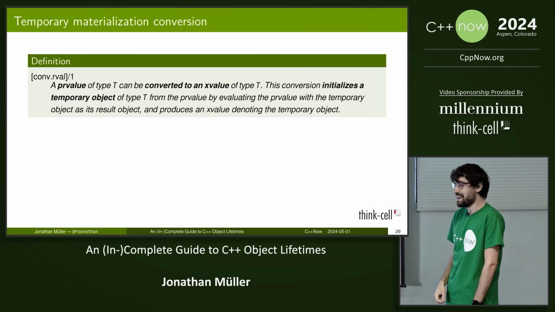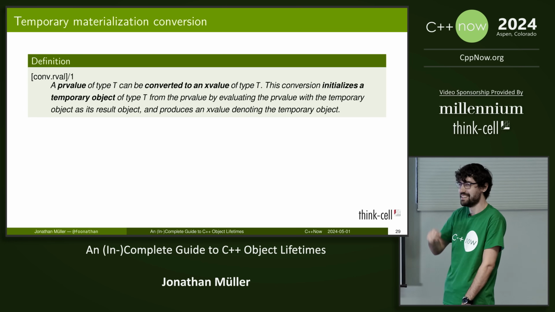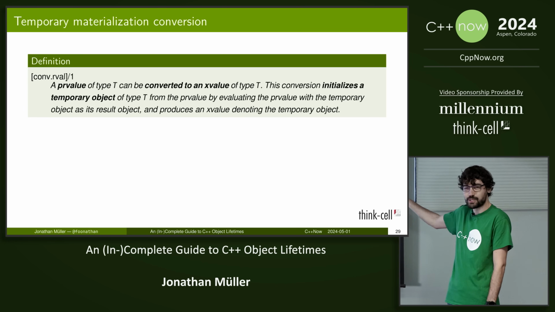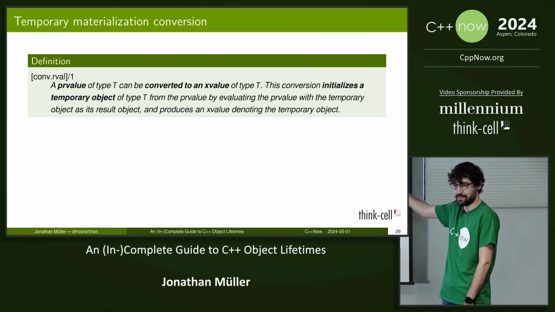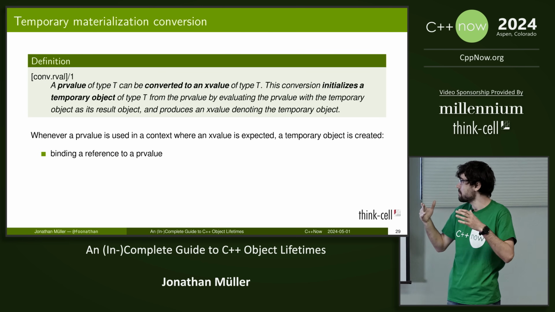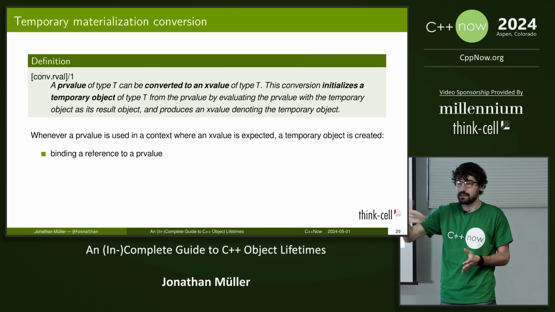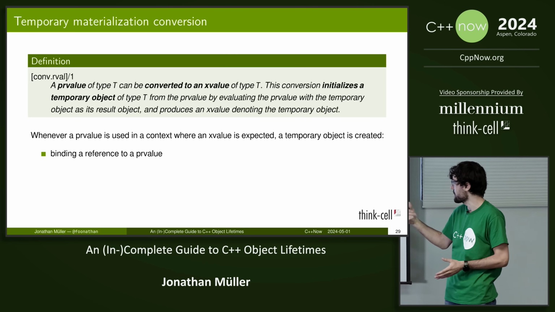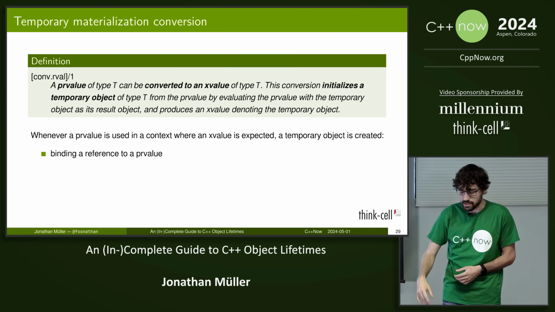Thank you, Jens. We're going to create an object initialized by the PR value. This happens whenever we use a PR value where we need an R value reference, an X value, like binding a reference to a PR value.